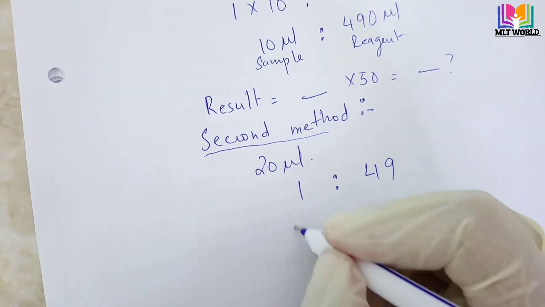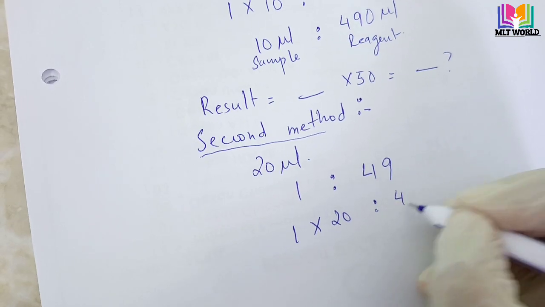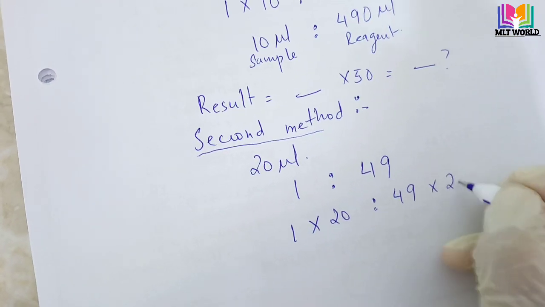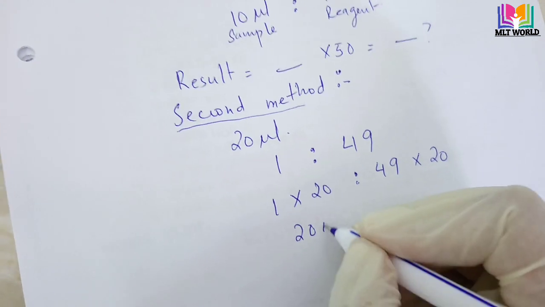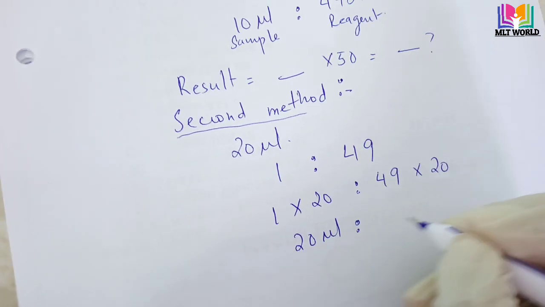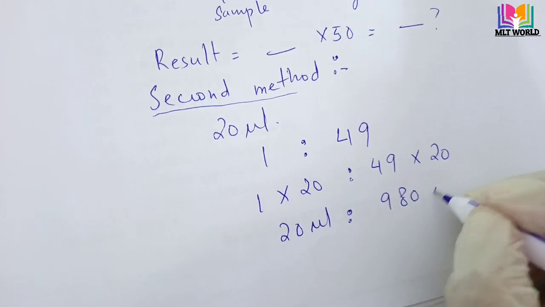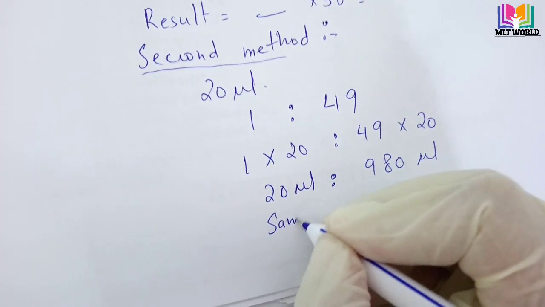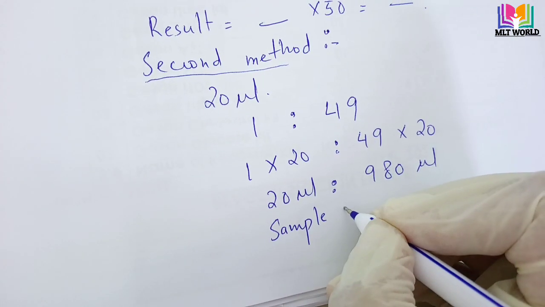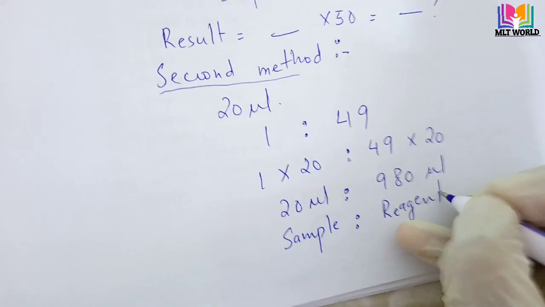Now you multiply 1 by 20 and 49 by 20. So how much will we get? 20 microliter of sample and 980 microliter of reagent. So if we are using 20 microliter, we need 20 microliter of sample and 980 microliter of reagent.